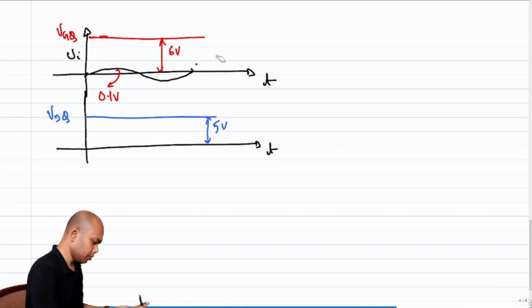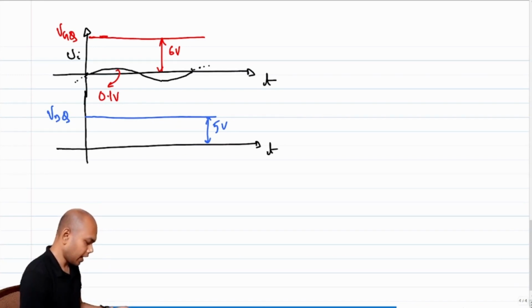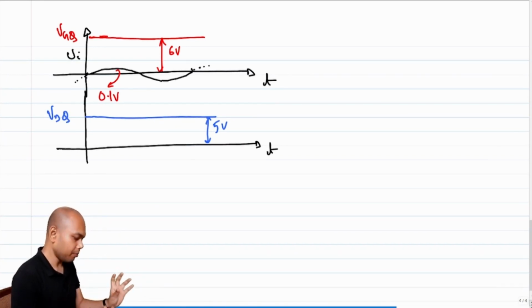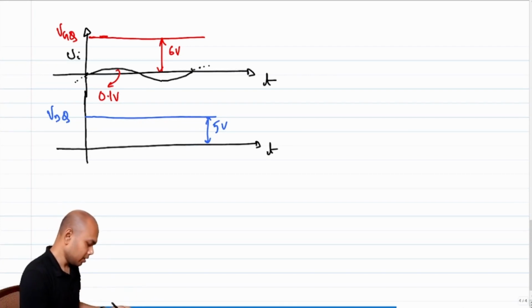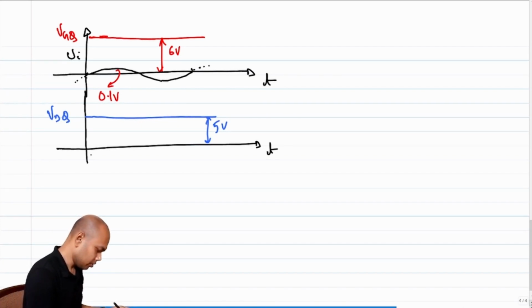Let's assume this is one cycle of that sinusoid and you have repeated cycles. If I make this 10 times bigger and multiply it by minus 1, which means I have to flip the sign of the sinusoid, then 10 times bigger means something like this. This clearly is not 10 times, but let's say this is 10 times for the time being.